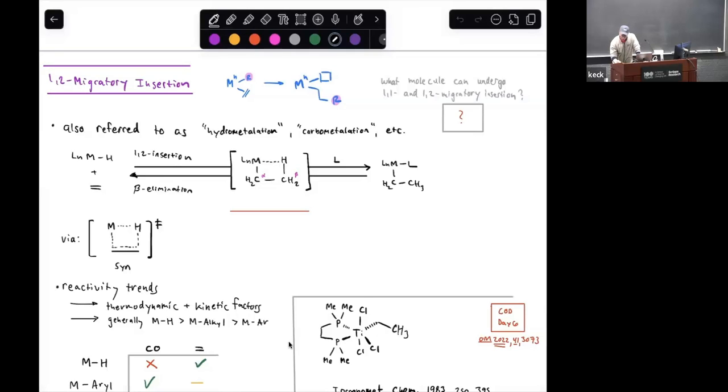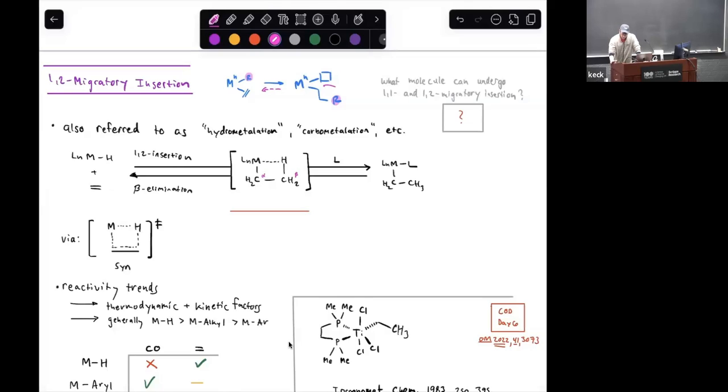It will open a new coordination site and form one new sigma bond. You can already get a sense of the thermodynamic considerations at play. If we have an alkyl ligand, we're swapping this M-R bond for a new metal alkyl, and trading that bound olefin ligand for whatever the new capping ligand is going to be. So there's a thermodynamic consideration here and a kinetic consideration in terms of the migratory aptitude, and we'll talk about that.